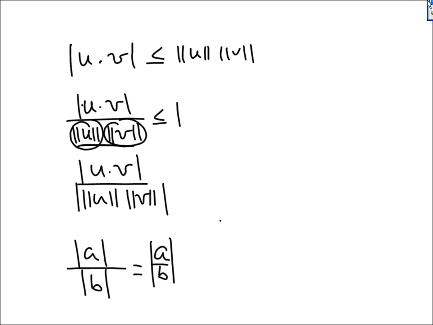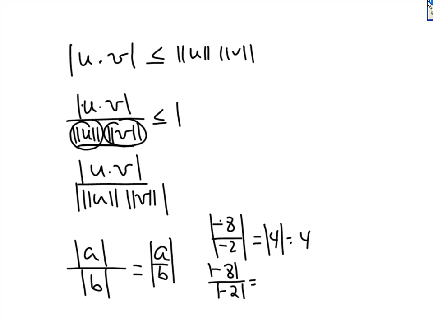That is, take the absolute value. Now, you have negative 8 over negative 2. That's 4. You take the absolute value of the whole thing, you still get 4. If you take the absolute value of the top and then the absolute value of the bottom, the number you get is never going to deviate from 4.